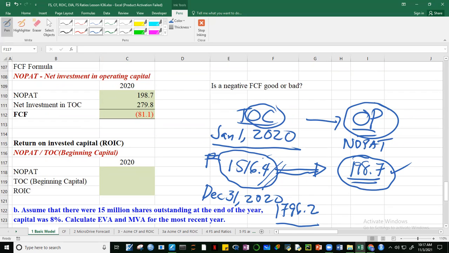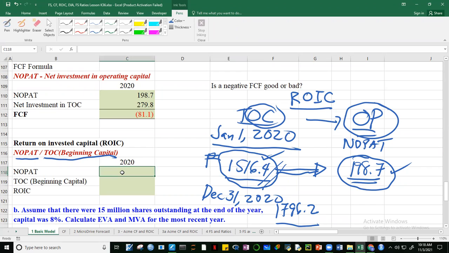How much capital was given to the company at the beginning of the year? 1516.4. Let's see, given this operating capital of 1516, how much operating profit did they generate? That question is answered by the measure called ROIC, return on invested capital, where we get the ratio of how much operating profit was generated given the total operating capital at the beginning.